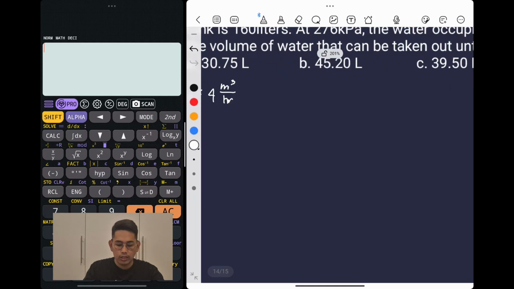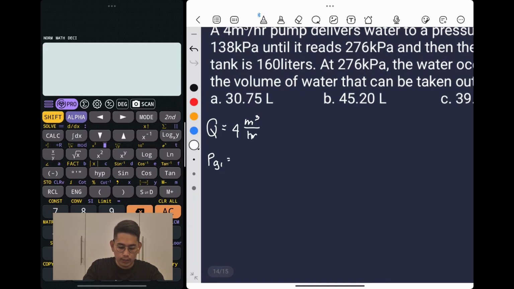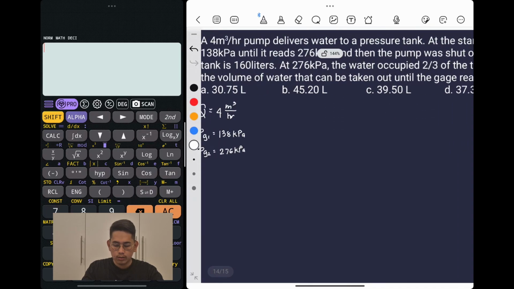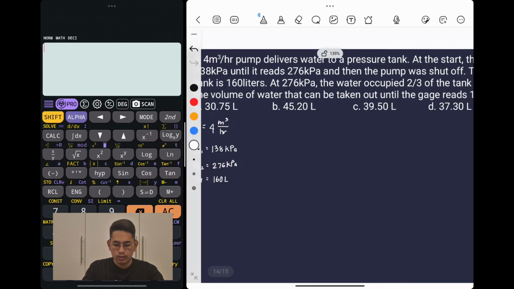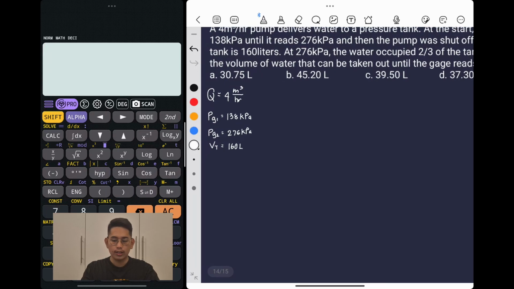So our first P gauge, or 1, reads at 138 kPa, until it reads the second one, which is 276 kilopascals, and then the pump was shut off. The total volume of our tank, let's denote the volume of tank as V tank or VT, is 160 liters. At 276 kPa, the water occupied 2/3 of the tank.